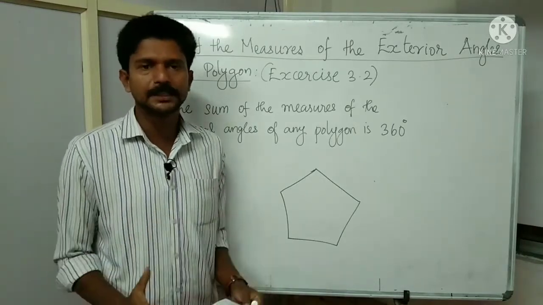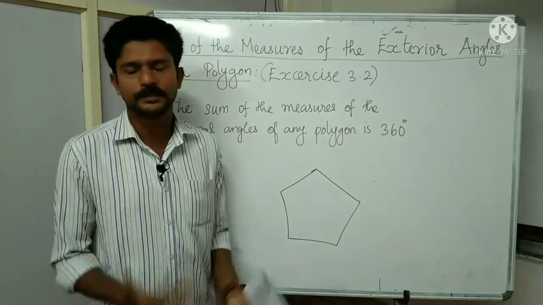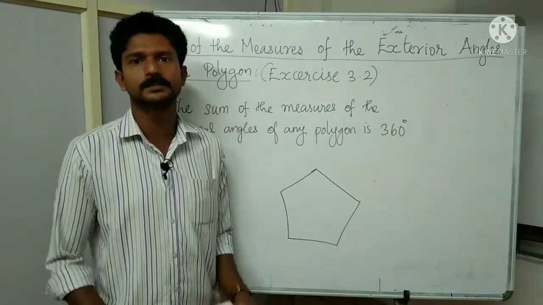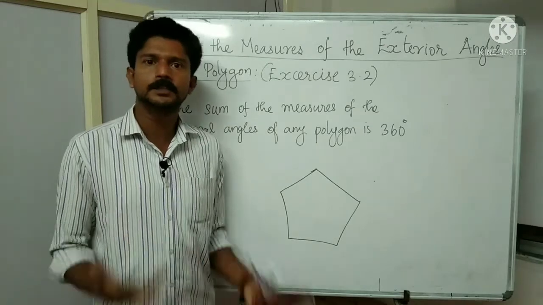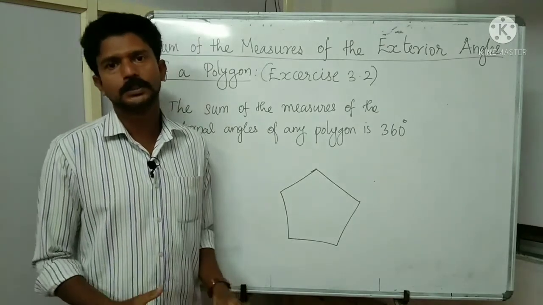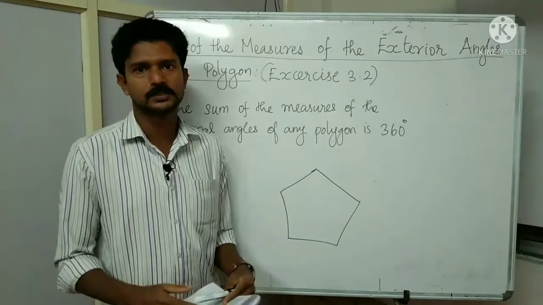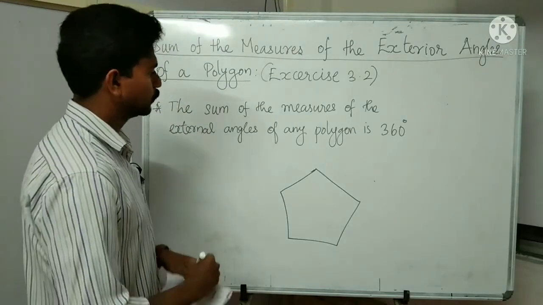If it is a 10-sided polygon, the sum of the exterior angles is 360. If it is 12-sided, 360 only. If it is 13-sided, it is also 360. It never changes.